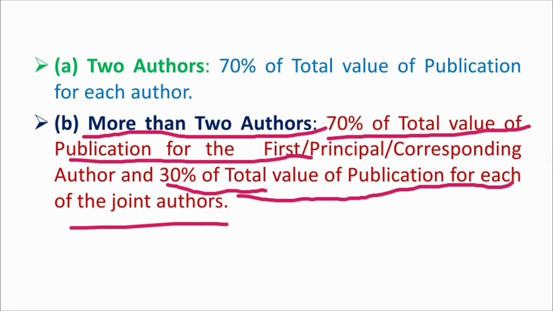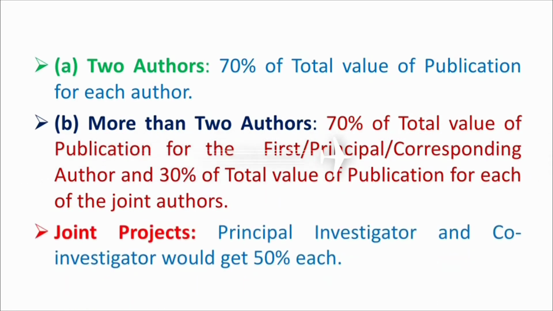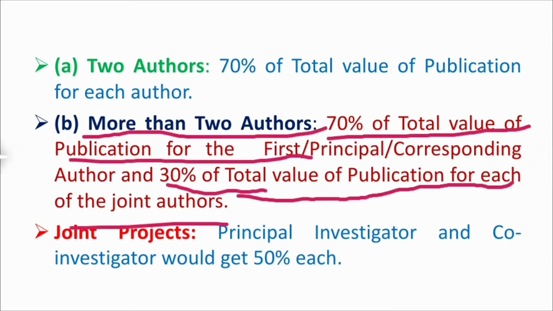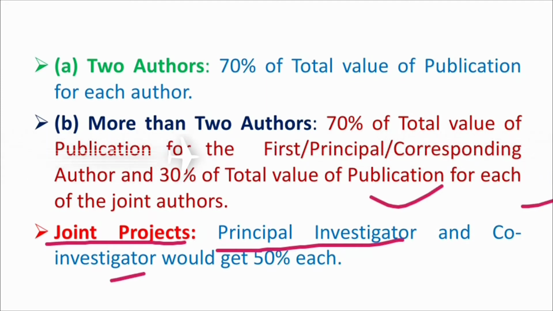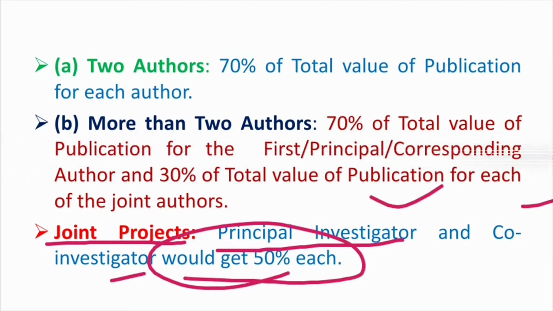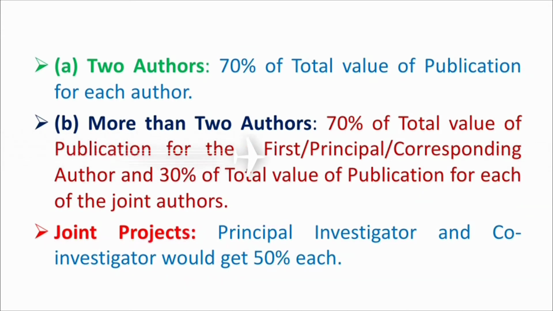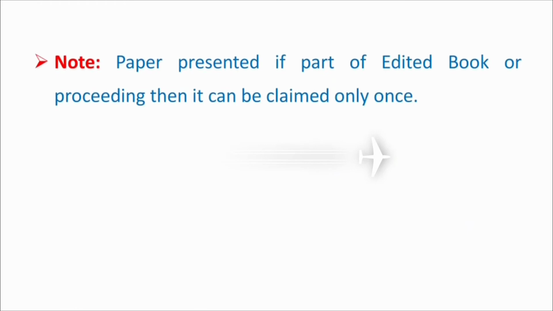It means the first author will get the highest weightage, and the third and fourth authors will get very little weightage or fewer points. If it is a joint project, meaning more than one person, either principal investigator or co-investigator, they may get equal points, because the investigator and co-investigator get 50% each. It means there is no discrimination between the principal investigator and co-investigator; both will get the same points.